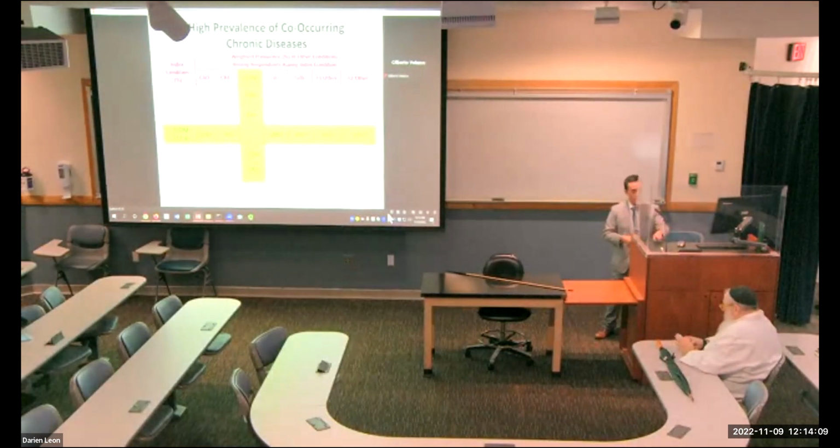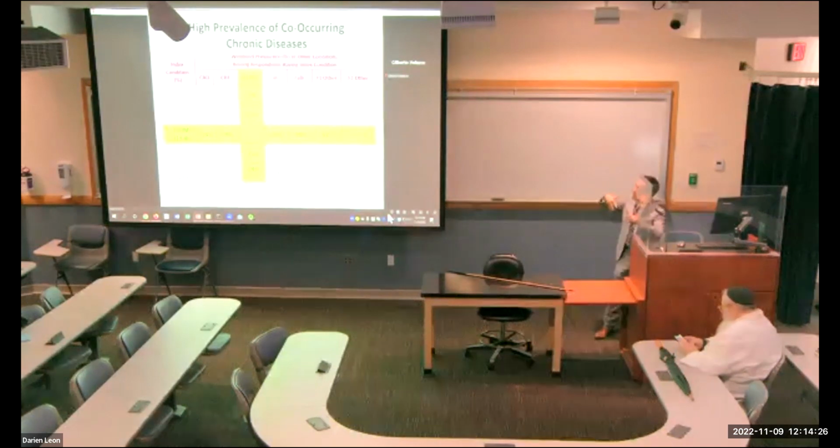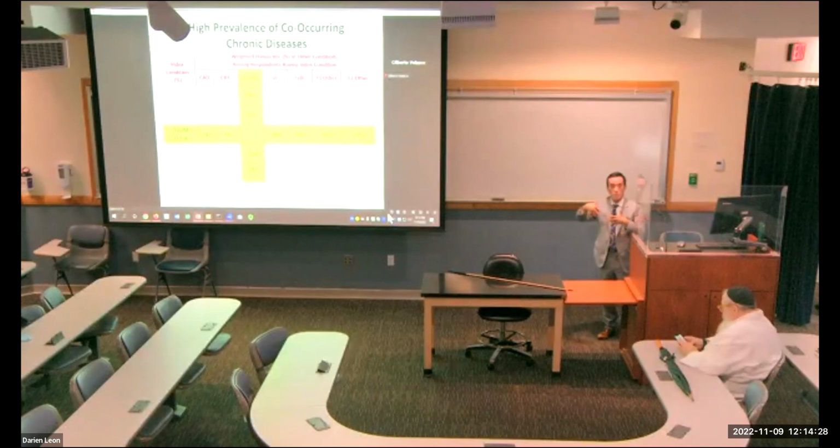When you talk about diabetes in older adults, you have to talk about the co-occurring conditions or complications of the disease. Like many other chronic diseases of older adults, there's a high prevalence of other conditions. This graphic shows a cross-tabulation of the coexistence of other conditions, such as coronary artery disease and heart failure, but also other important geriatric conditions such as falls and urinary incontinence.